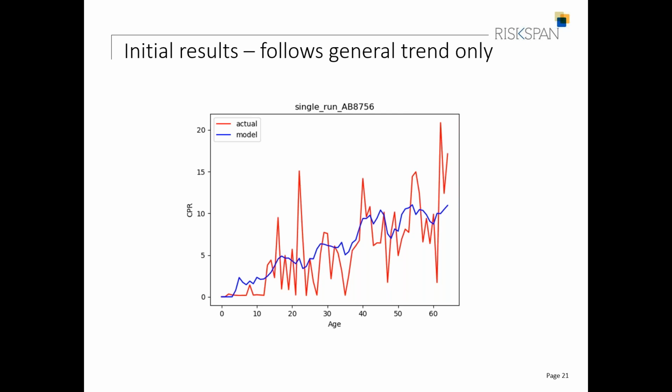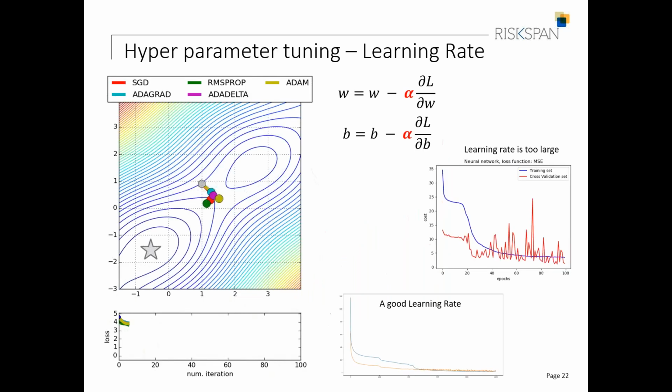So in that case, we have to tune the hyperparameters of our model to make it fit much better. The first class of hyperparameters we are trying to tune is the optimization method and the learning rate. The optimization method we are choosing is called the Adam optimization method.